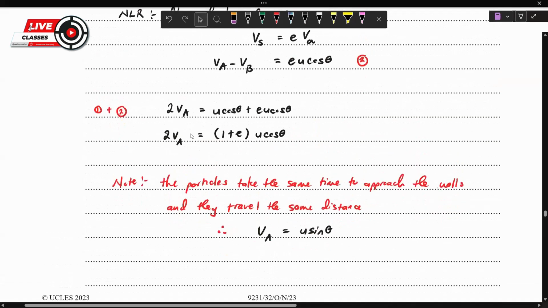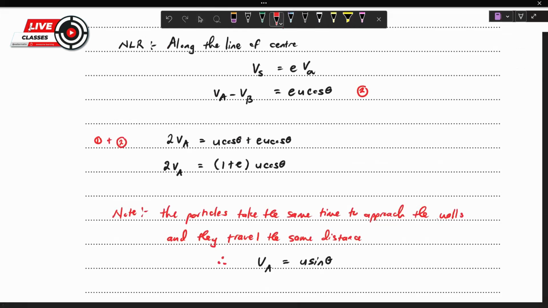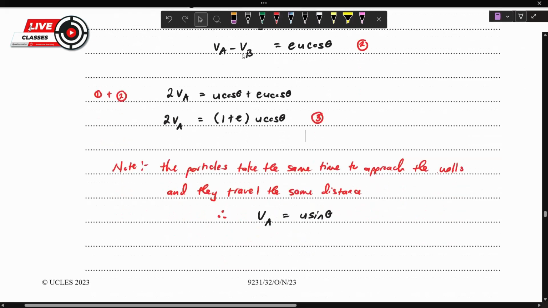All right. So if this equation we got from combining is equation 3, and this thing we've gotten is equation 4, we can substitute 4 into 3. For VA, we use U sine theta, so 2U sine theta is equal to 1 plus E times U cos theta.